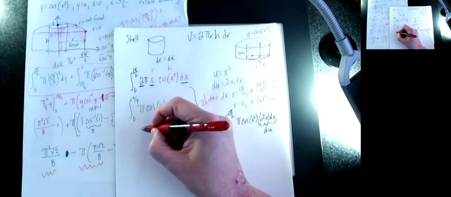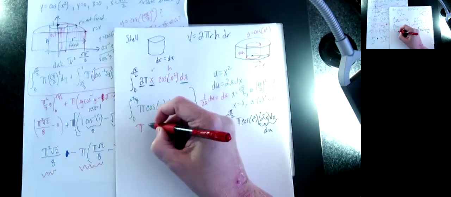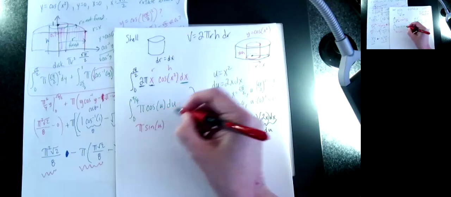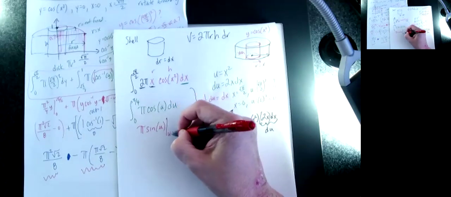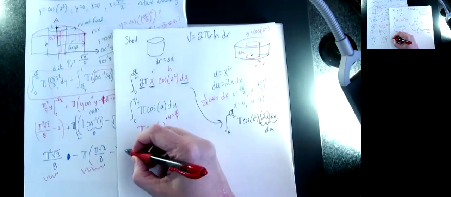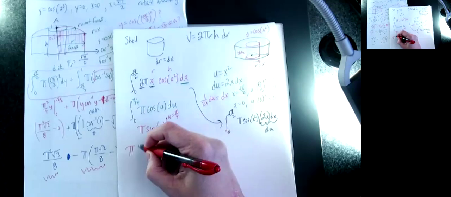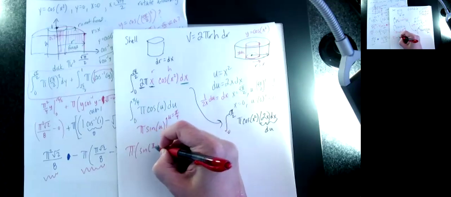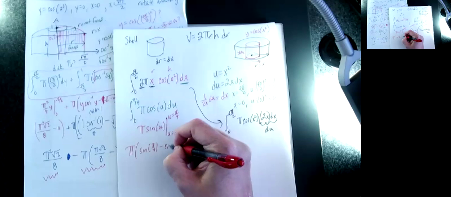This is an easy integral, right? It's just sine. So I have pi of sine of pi over 4 minus sine of 0.